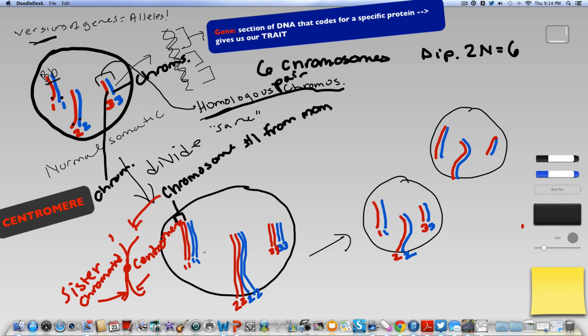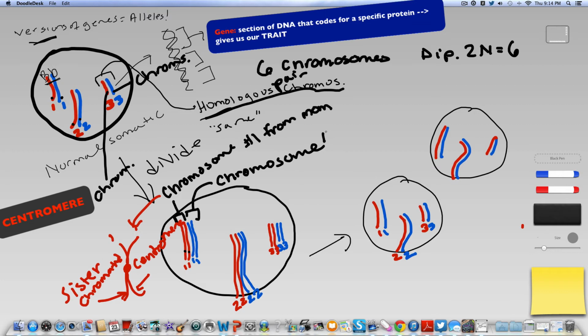But still remember, how many chromosomes do we really have? If this was a chromosome, that means this is also a chromosome. So now, in this picture, chromosome is referring to two chromosomes in one pair. This is where it gets really confusing. These two are also considered a chromosome.